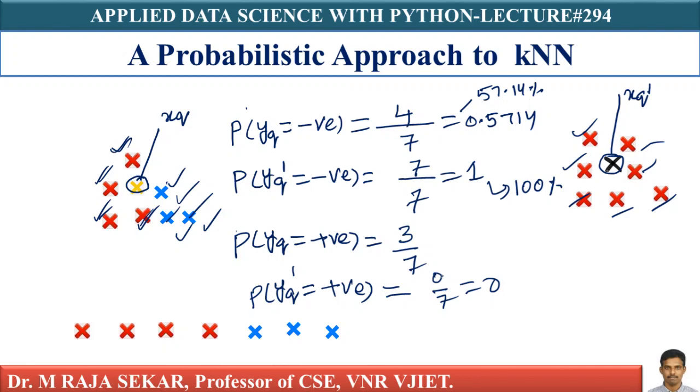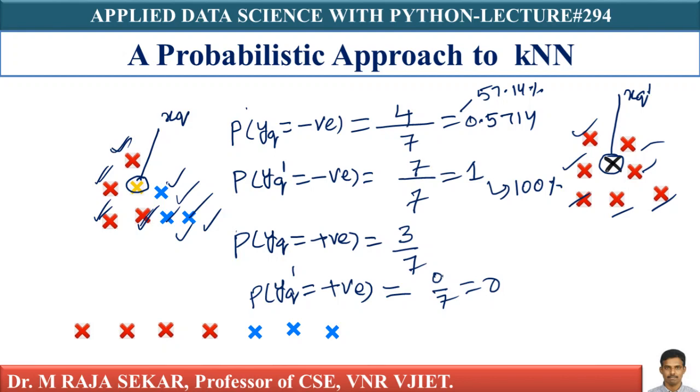The probability that yq dash is negative is 100%. Once you give a probabilistic class label for any given point, when I get a yq, I also get a probability value. I get a probability that yq is positive and a probability that yq is negative.